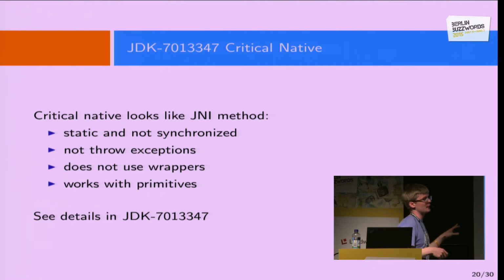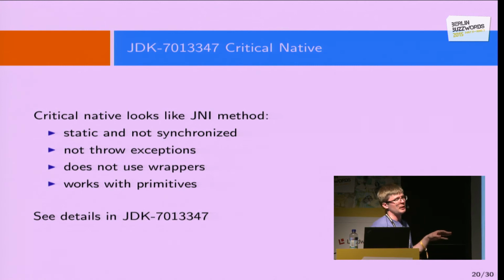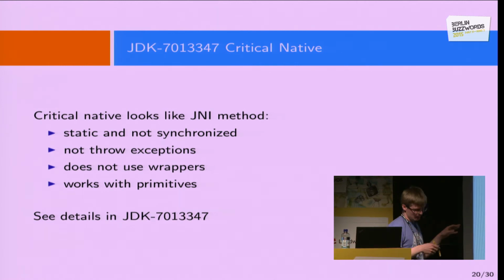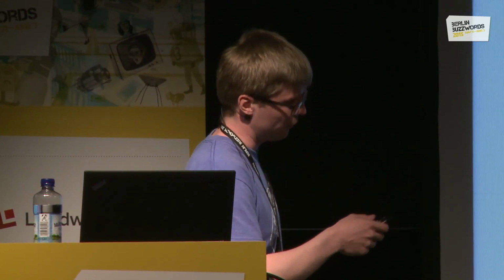You can see more details about this feature. Maybe in the future it will be public, but now it's in testing and used by the JVM to encode and decode some performance critical features.